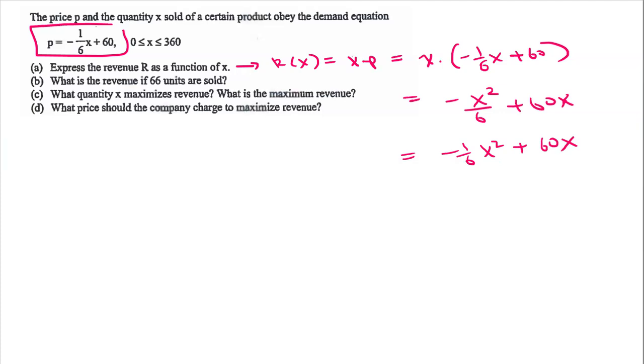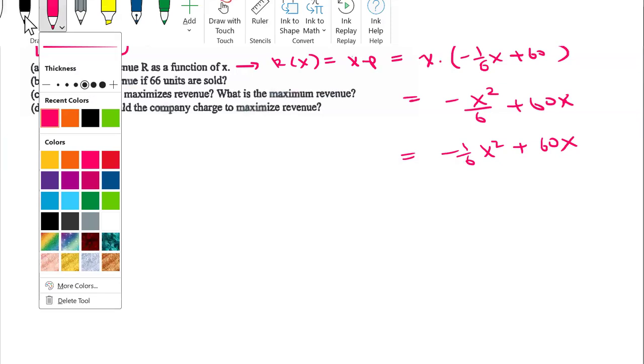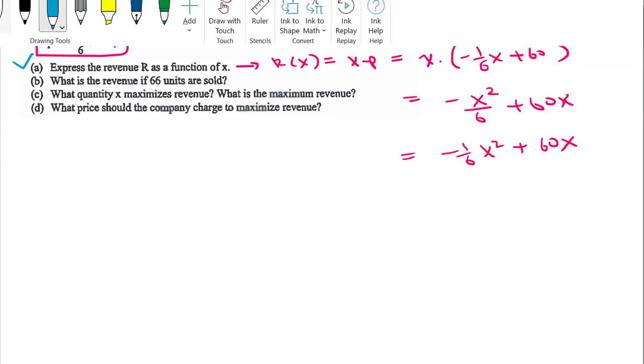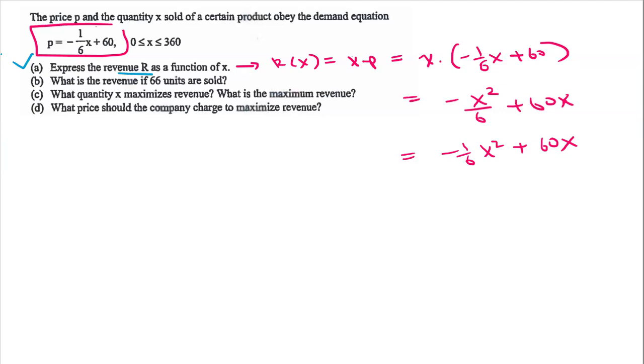So that's part A, right? It says we want to express the revenue R as a function of X. So here's R of X, and this is in terms of X. So we're done with that part.